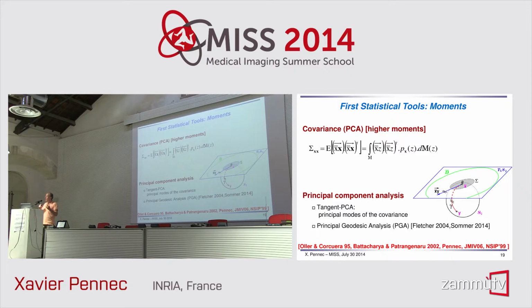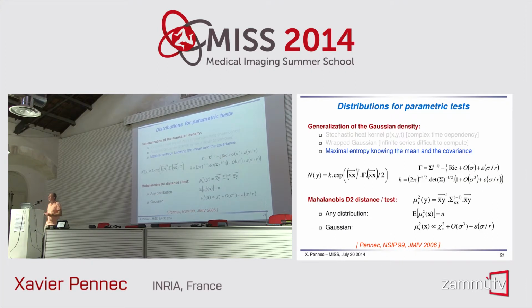So these two, they do correspond in a Euclidean space. They do not anymore correspond in a manifold because the Pythagorean theorem does not hold, basically. So maximizing the explained variance or minimizing the residual with a model is not the same in a manifold. Okay, it's just to say that.